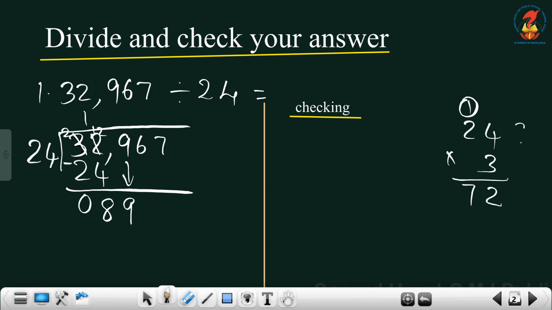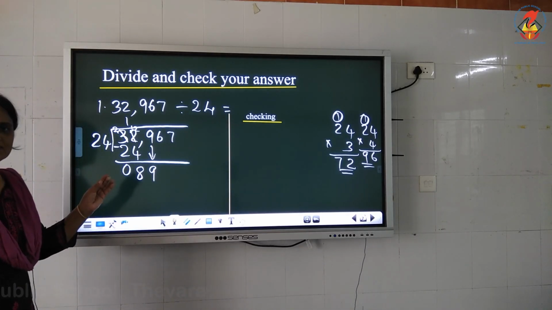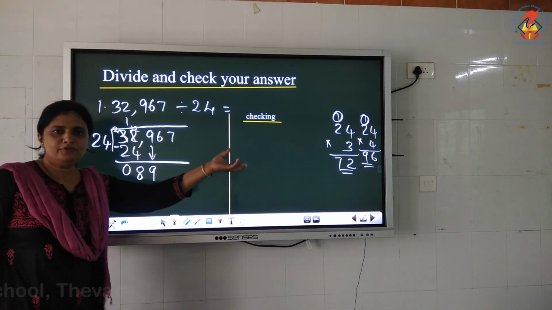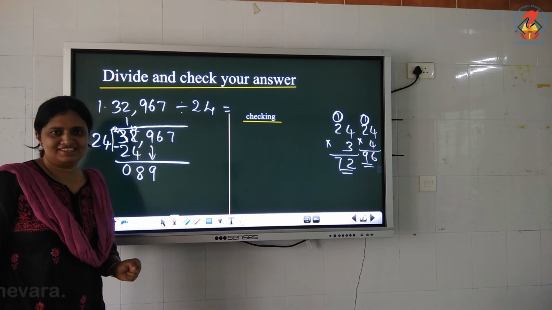Then we need to check 24 into 4. 4 fours are 16, 6 and 1 is carry over. Then 2 fours are 8, 8 plus 1 is 9, that is 96. We got these two numbers, right? 24 threes are 72 and 24 fours are 96.